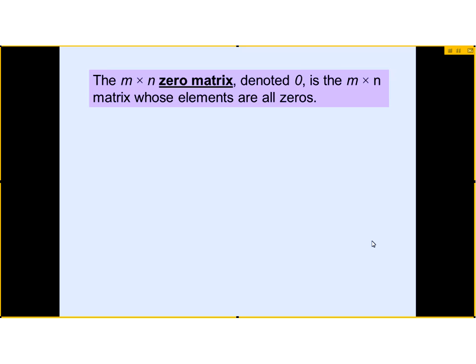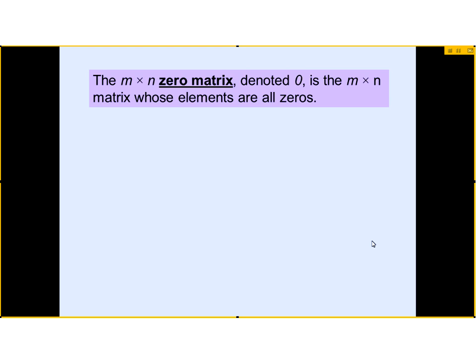Next, the M cross N zero matrix is denoted by a curly 0. It is the M cross N matrix whose elements are all 0.